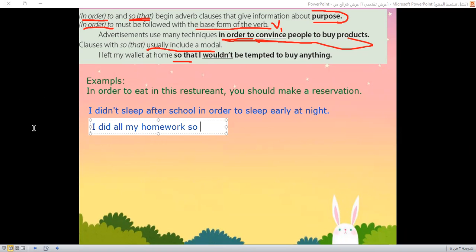So I did all my homework, so I could go out with my friends. I did all my homework, and there is a reason why I did all my homework, because I could go out with my friends.